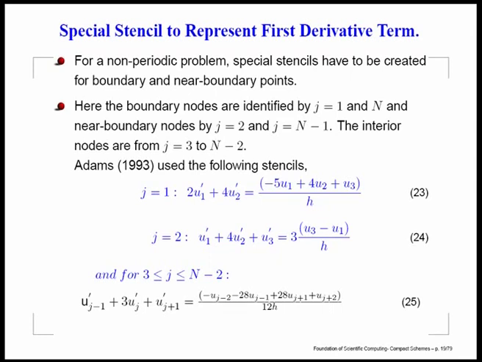What do you have to do? You have to do a similar thing at j equal to n minus 1 and j equal to n. j equal to n minus 1 would be nothing but a mirror image of 24. Okay. So, this will be u n, this will be u n minus 1 and this will be u n minus 2, whereas what will happen here? Please note this, that while on the left hand side the coefficients remain as they are, on the right hand side you are going to see an antisymmetry.